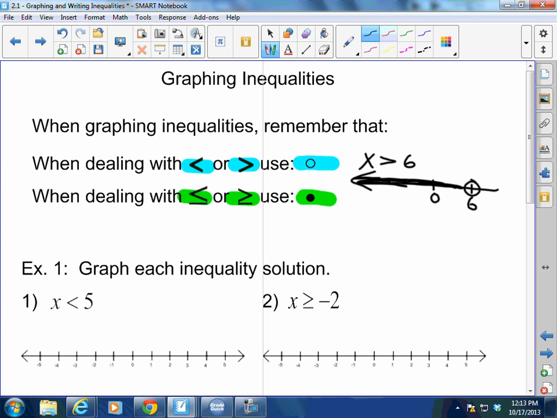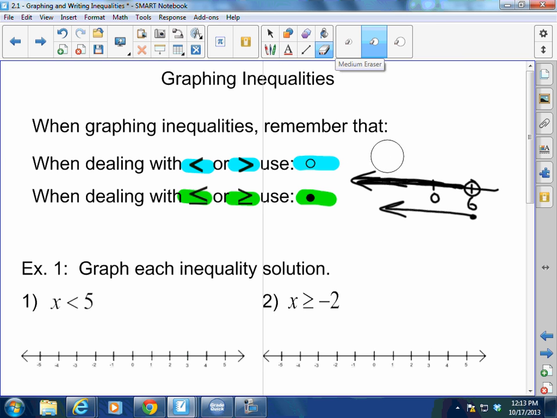So I put an open circle to show, hey, reader, this is where I'm starting at the 6. But I'm going to go to the left of it because all of those answers are valid. However, since I have an open circle, 6 is not included in the solution. And I did this wrong. This should have been x is less than 6, sorry. Okay?